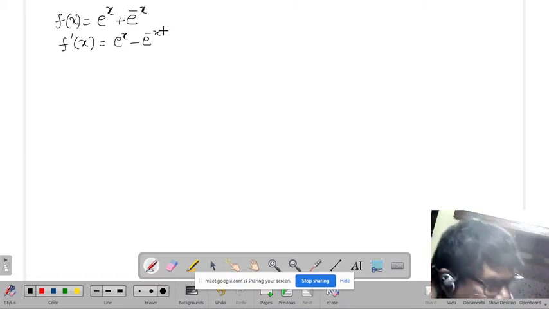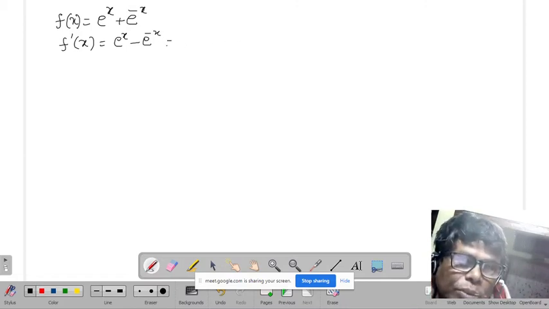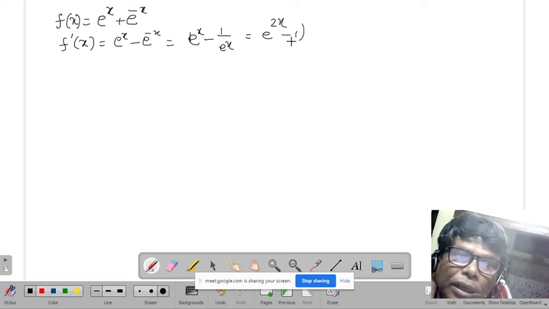So this is equal to e to the power x minus 1 by e to the power x, that is equal to e to the power 2x minus 1 divided by e to the power x.